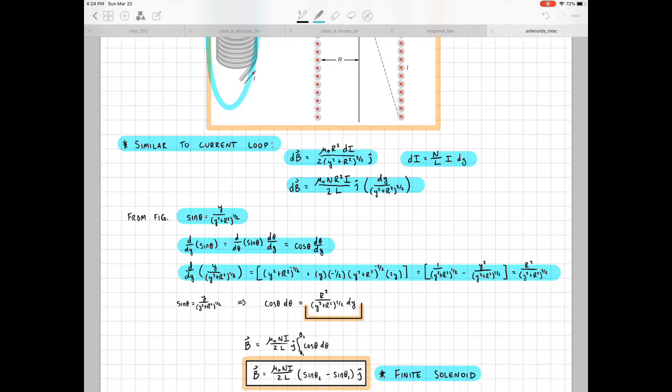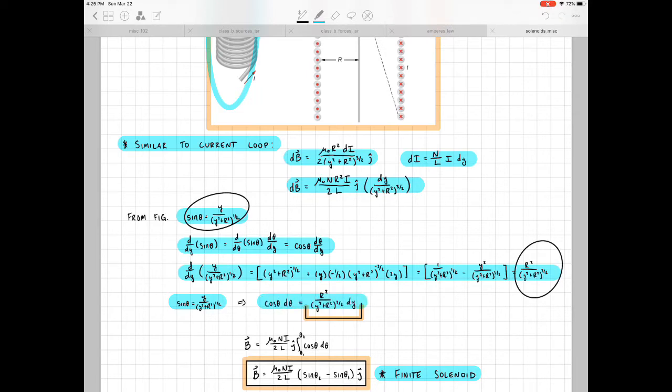You end up getting this expression over here at the end. That's what d dy of the right-hand side of this expression is equal to. And so that means we can rewrite sine theta equals y over the square root of y squared plus big R squared as this expression.